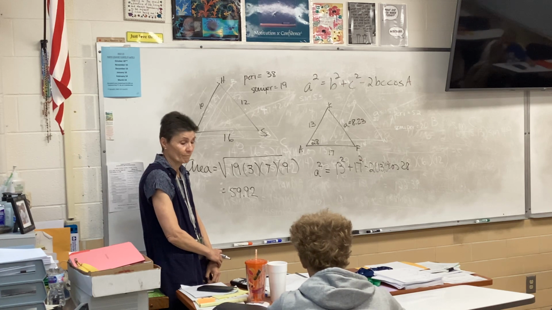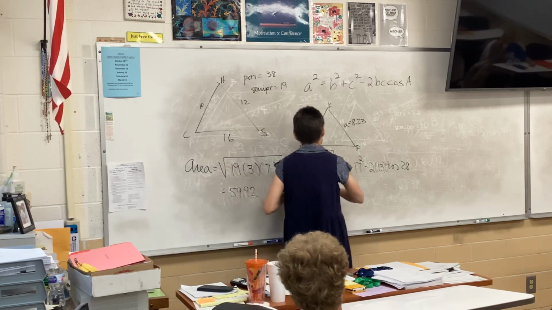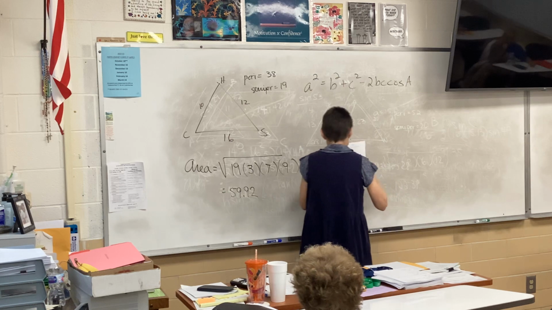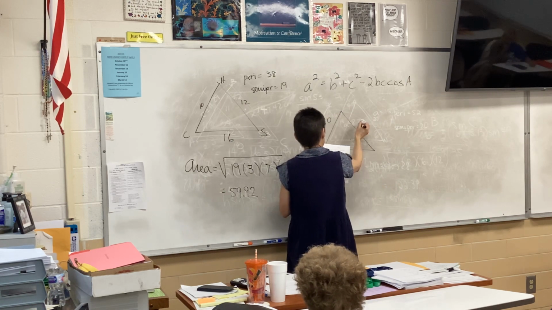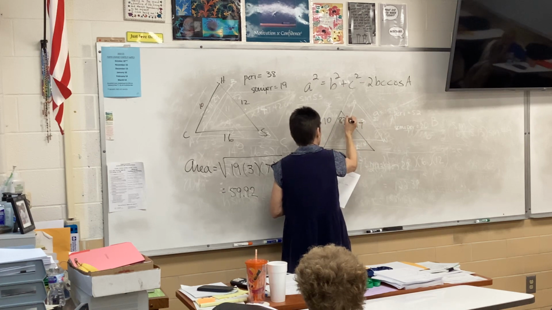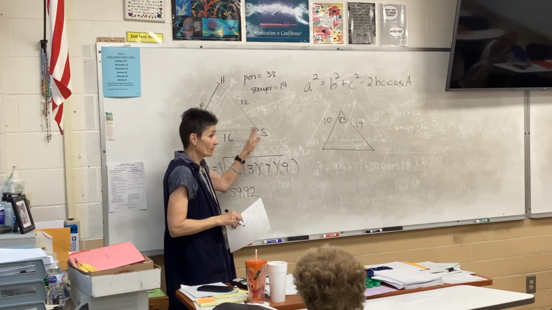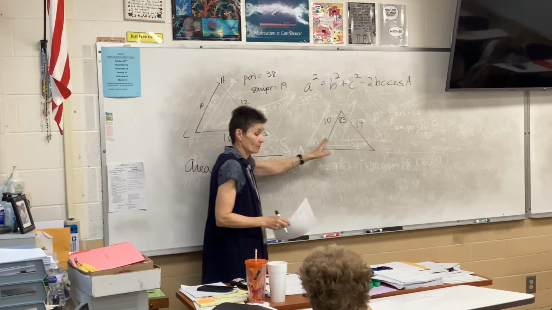Okay. And then one more. This one is also area. So when we have to find the area, we have this option. But we only use this option if we have all the sides, right? What's our other option?